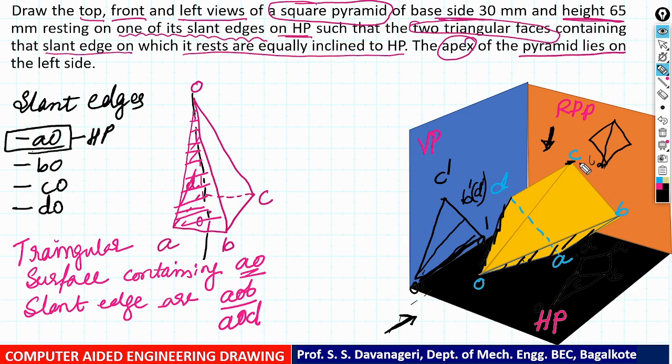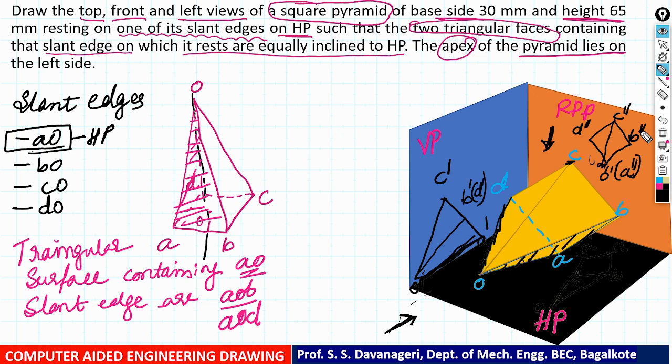Here you get O double dash and A double dash. A double dash is hidden because it lies in line with the slant edge. Here you get D double dash, C double dash, and B double dash.